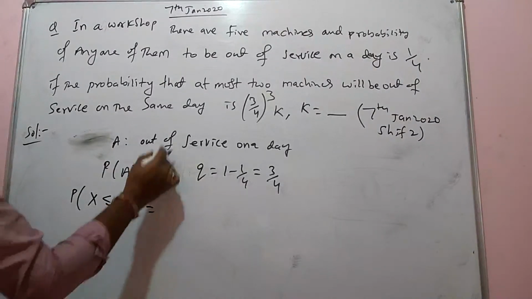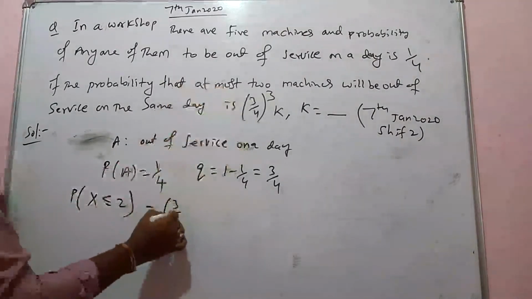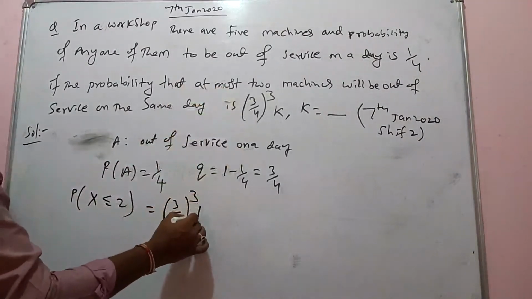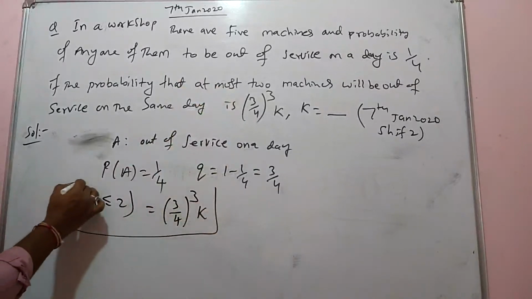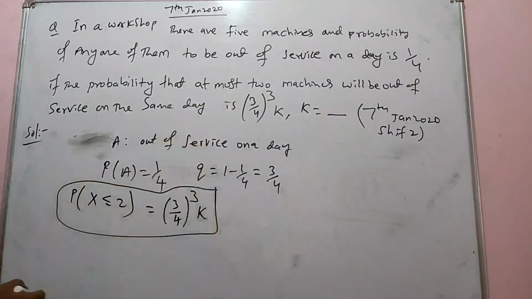And this value they have given as 3/4 to the power of 3 into K. A is out of service on a day. Here a workshop has five machines, and the probability of one being out of service is 1/4. So the probability of A is 1/4, then the probability of Q will be 3/4.